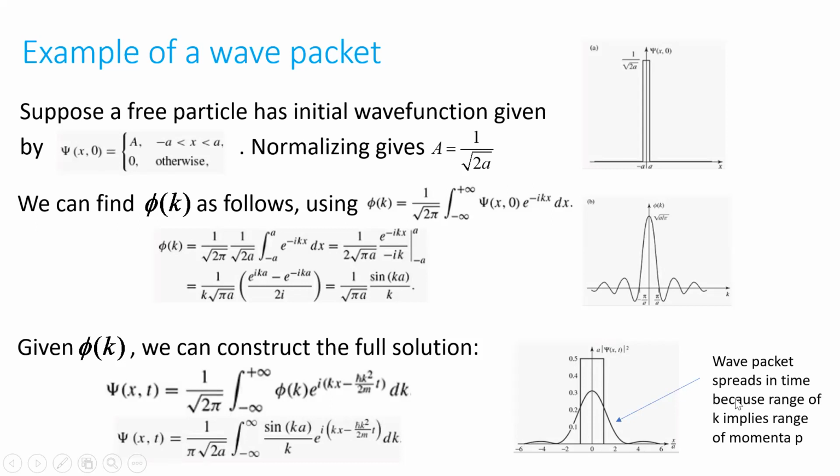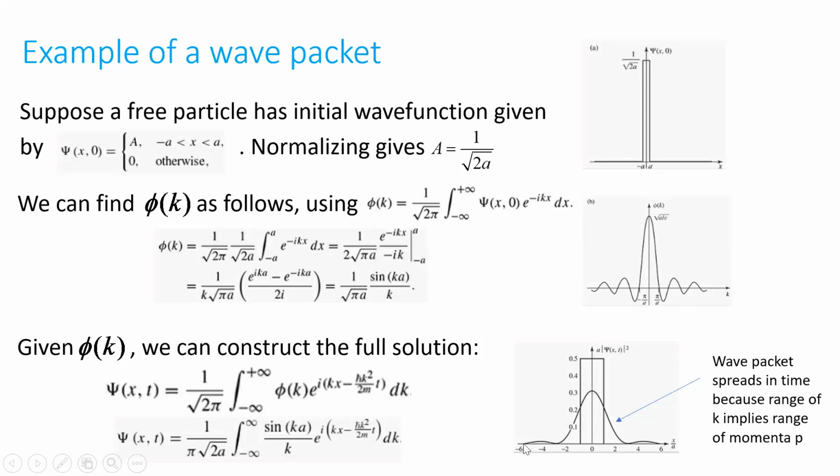And the reason it spreads in time is because the range of k implies a range of momentum p, because p is h bar k. And a range of momentum means a range of velocities. So all these component velocities, some of them will be large and positive, some large and negative, some close to 0. So part of the wave will move to the right very quickly, part of the wave will move to the left very quickly, and part of it will not move much.